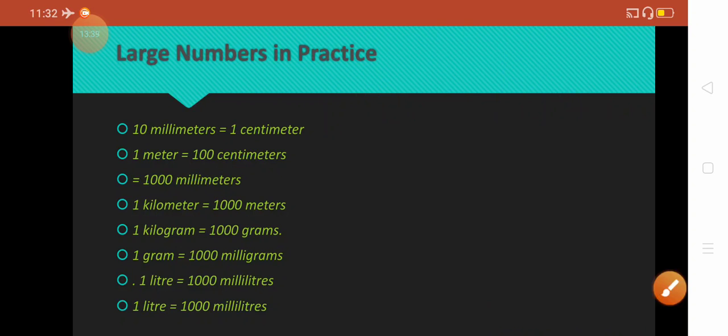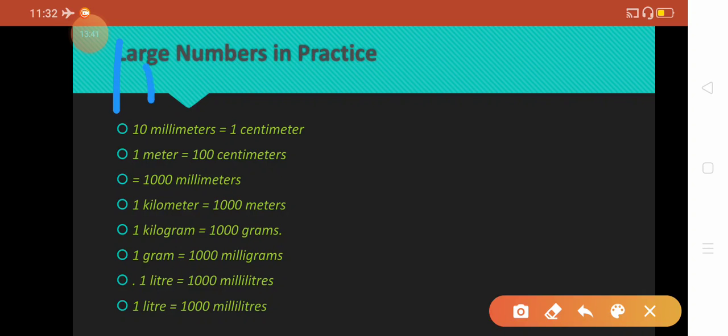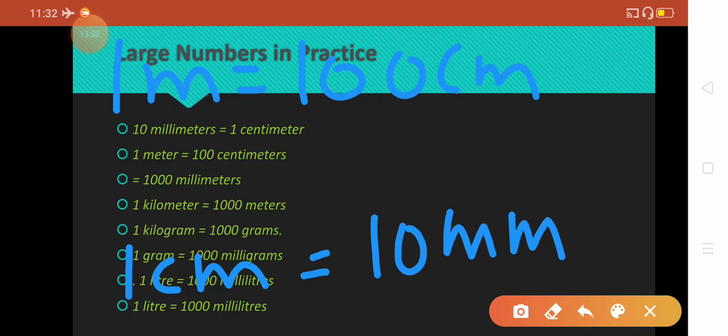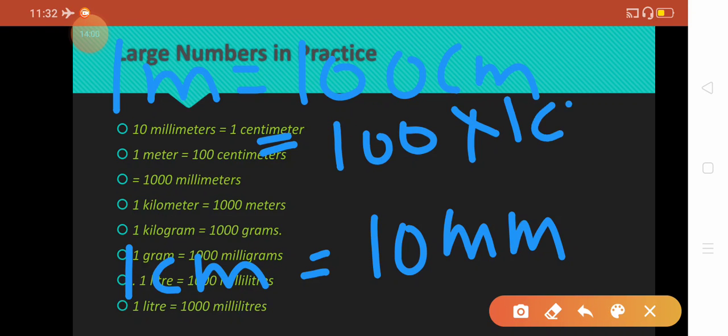How will you get this? I will solve for you. As we studied, 1 meter is equal to 100 centimeter, and 1 centimeter is equal to 10 millimeter. So we can write this 100 centimeter as 100 multiplied by 1 centimeter.